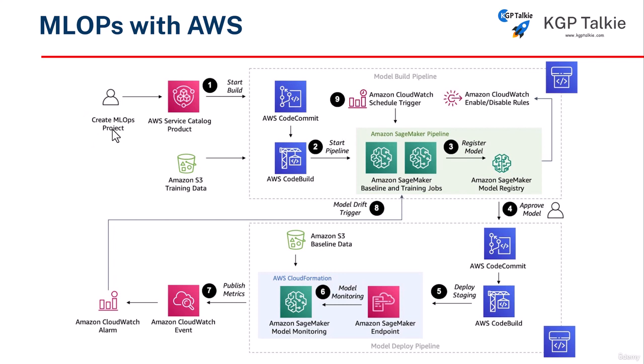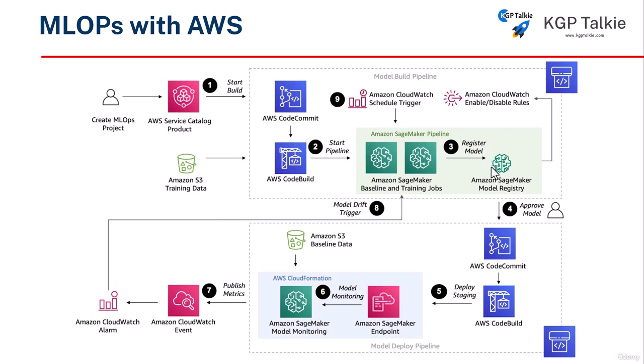You need to create your MLOps project. Then you need to list down all the AWS services which you can use for your MLOps. Alright, then you can use these Amazon services, like Amazon SageMaker, and SageMaker is taking the data from S3, and there are some intermediate steps which are followed during the pipeline building.